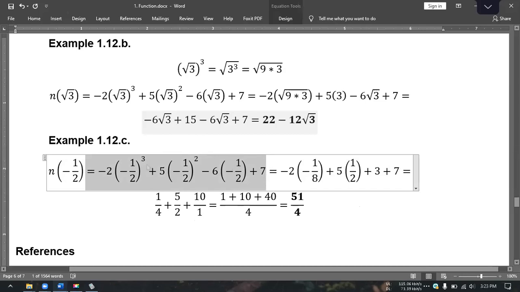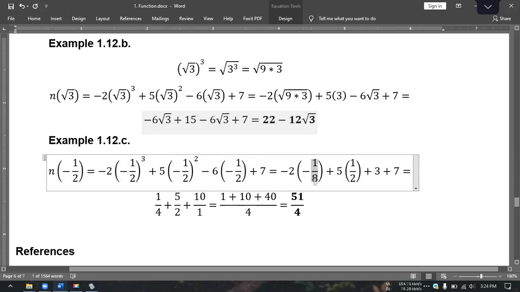Raising a fraction to a certain power means that you have to raise the numerator over the raised denominator. And since this is negative, negative, negative, negative is negative. So 1 cubed is 1, 2 cubed is 8. Here, 1 cubed is 1, and 2 cubed is 8.